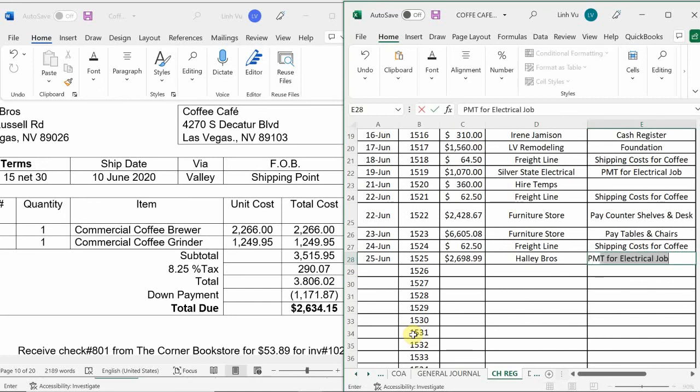Payment for brewer slash grinder. Okay, so there you go. $2,598.99 is my total amount for check number 1525.